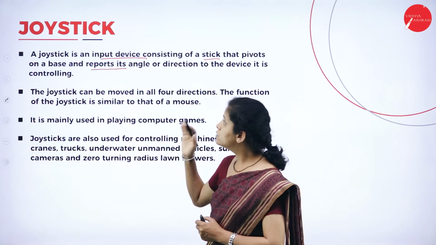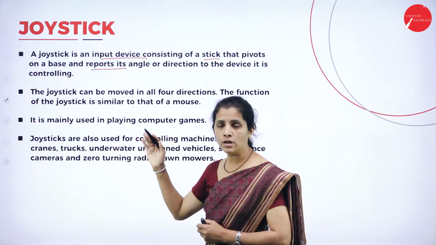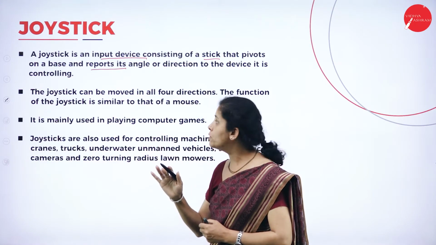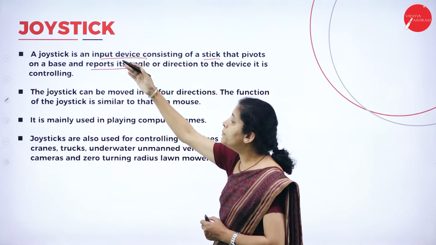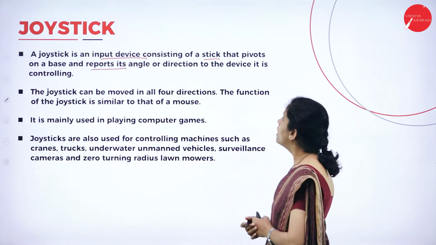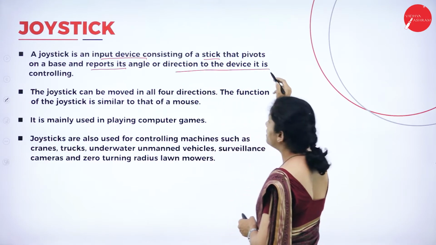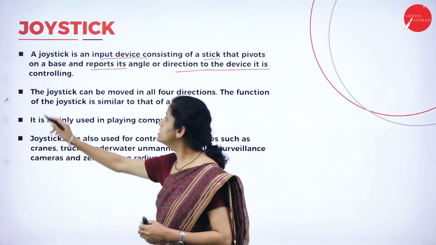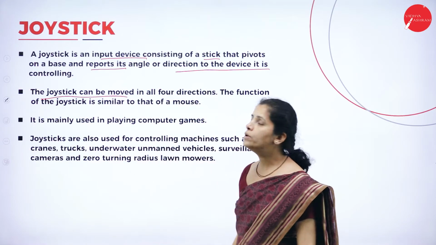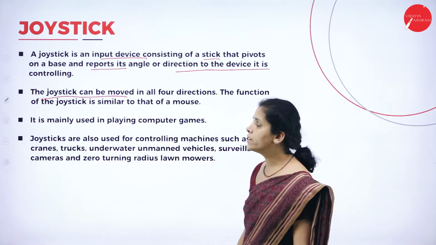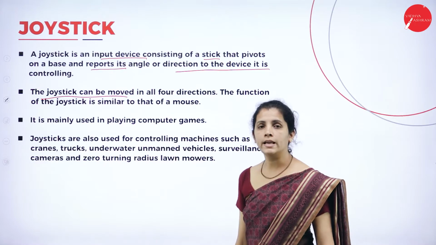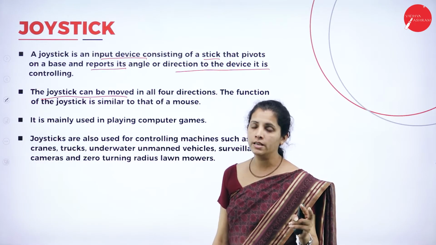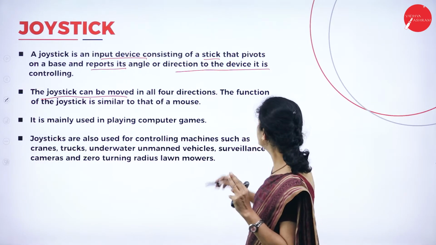When I move the pivot, it reports its angle or direction to the device it is controlling. The joystick can be moved in all four directions.